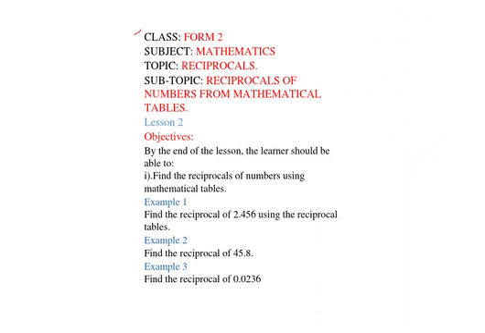We go to our last example where we are told to find the reciprocal of 0.0236. So we have 0.0236. We write this number in standard form, which will be 2.36 multiplied by 10 power -2. This is because the decimal point has moved to the right twice, so we have -2, and we are getting the reciprocal of this number, so we raise by -1.